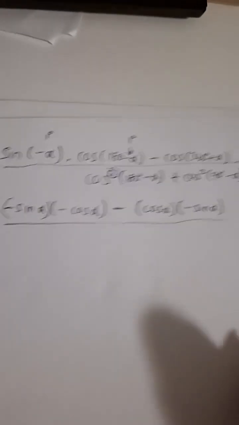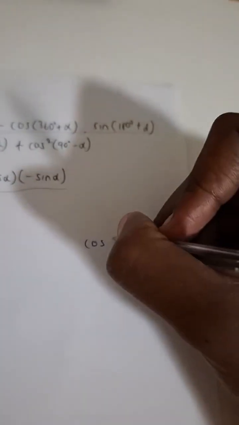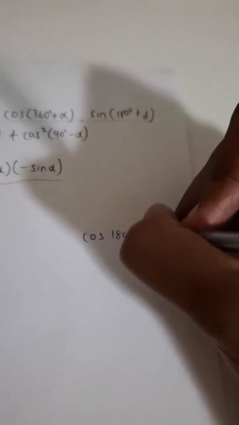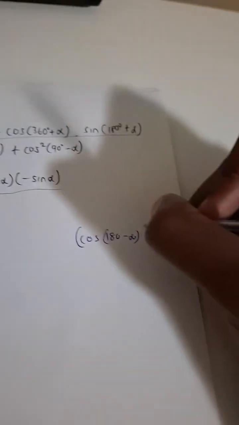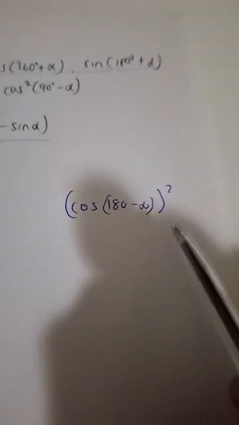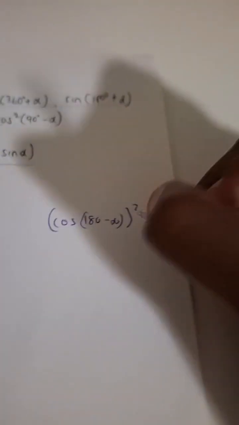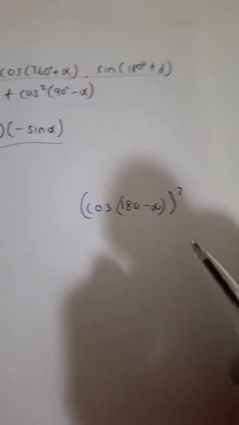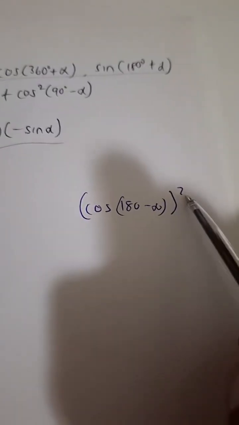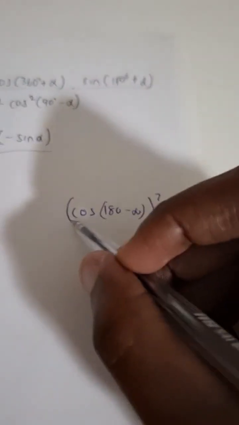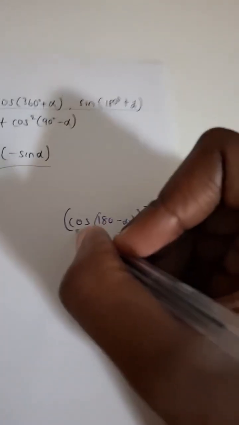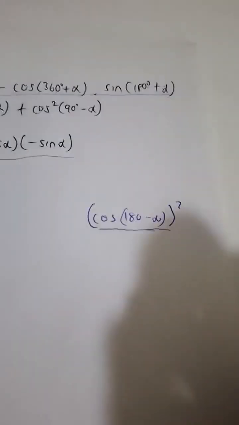I just want you to see on the side, we need to first say cos of 180 minus alpha. That square needs to be outside first. The square needs to be taken outside because the square applies to just the trig ratio, guys.